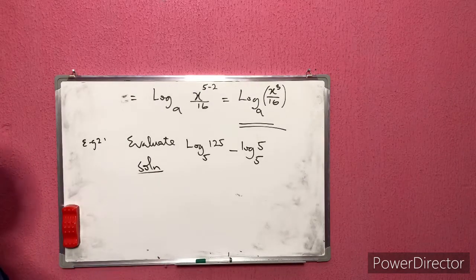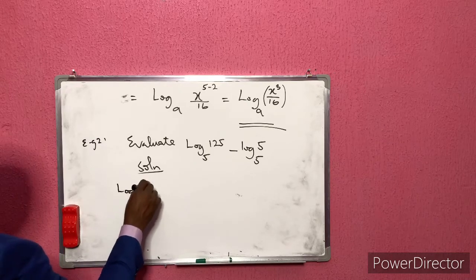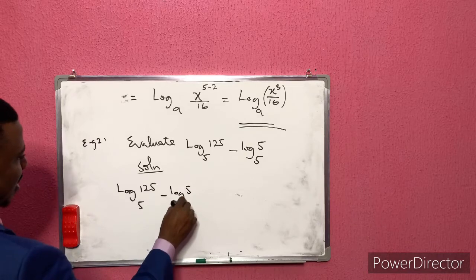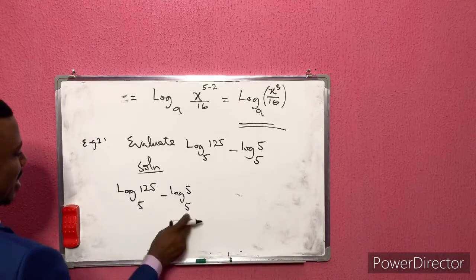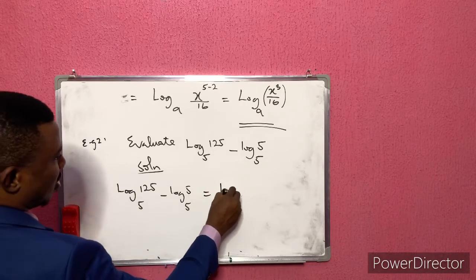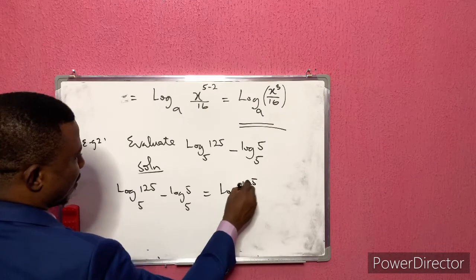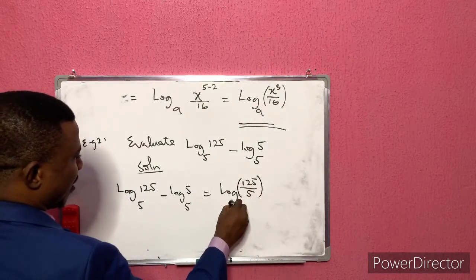Look at this. Log 125 base 5 minus log 5 base 5. Subtraction is division. Since they have the same base, you write log 125 divided by 5, base 5.